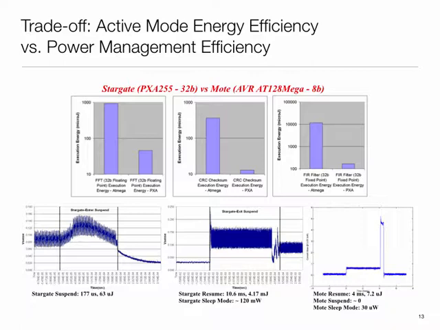The message to take away is that even in the active mode, power and energy are two different metrics. If you care about peak power, people end up using the 8-bit. But if you look at efficiency, the 32-bit significantly ends up winning.